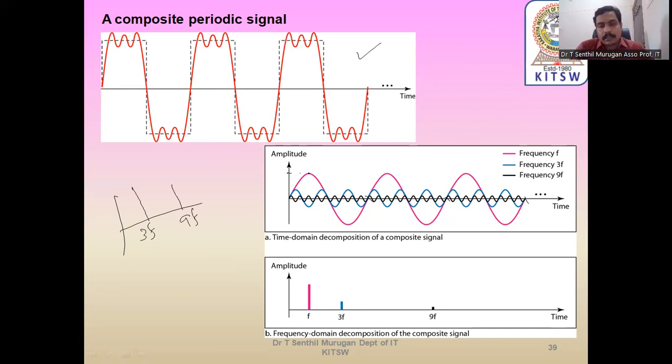Then the black color, how much is it? 1, 2, 3, 4, 5, 6, 7, 8, 9, 10, 11, 12, 13, 14, 15, 16, 17, 18, 19, 20, 21, 22, 23, 24, 25, 26, 27. So 27F for the black color, and its amplitude is very small. Like that we can mention the frequency domain.